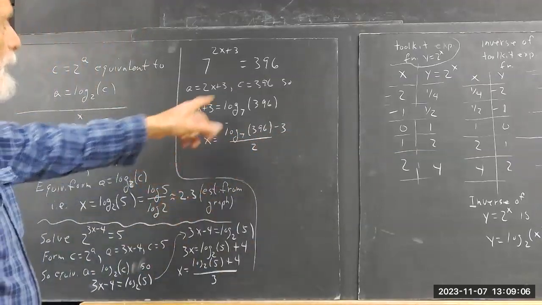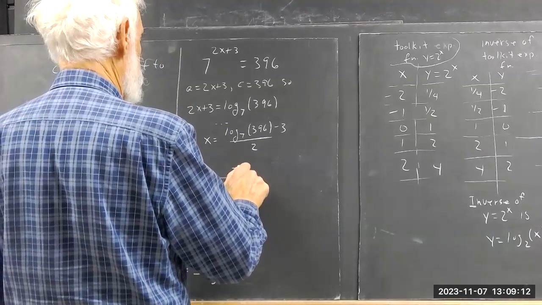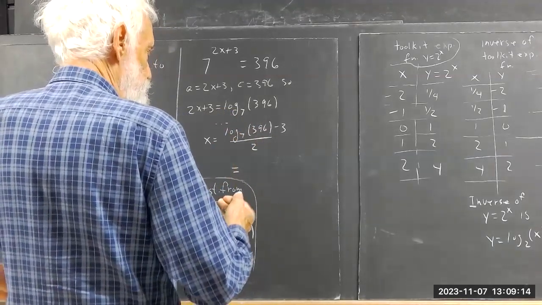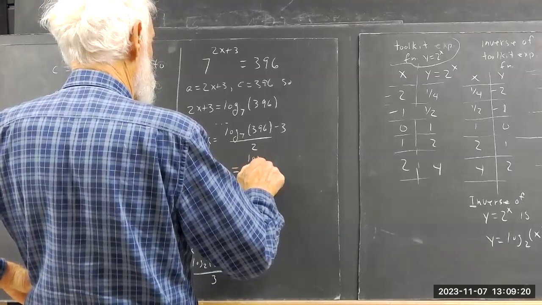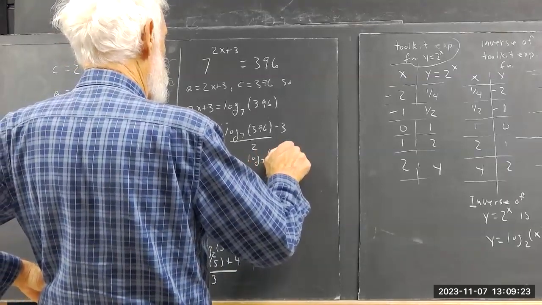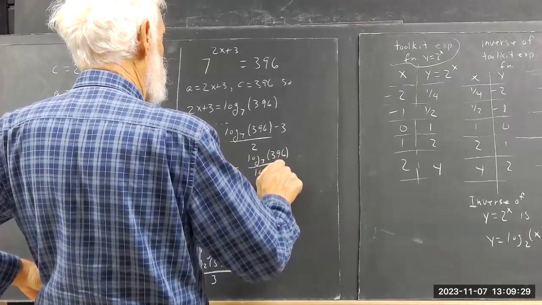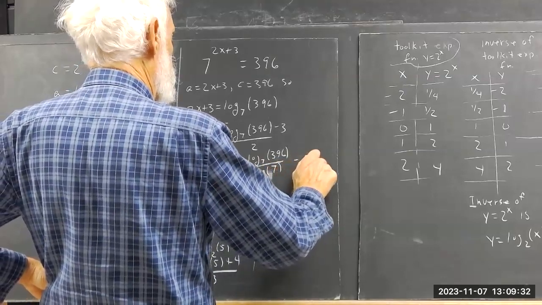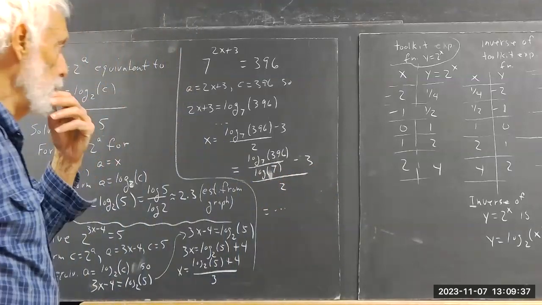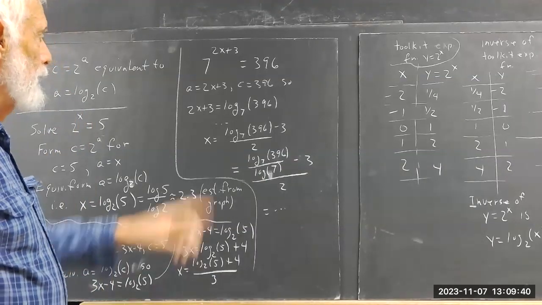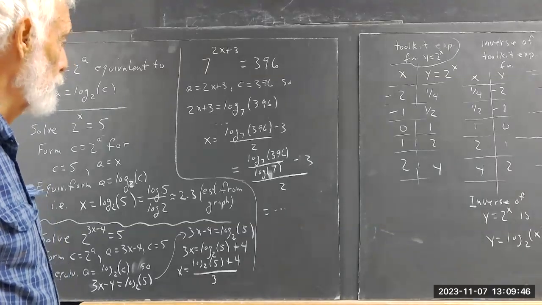We solve this for x: subtract 3 from both sides, divide by 2. Explicitly, x equals log base 7 of 396, which is log of 396 over log of 7, minus 3, all divided by 2, and so forth.